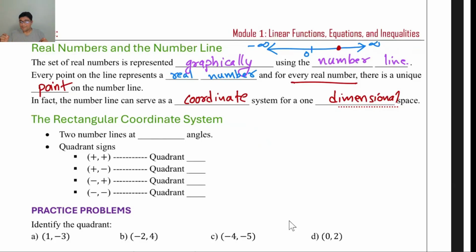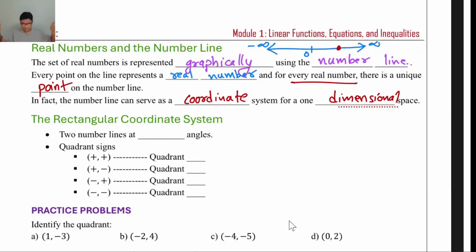Now, what is a 1 dimensional space? Let's say you are on the highway, a straight highway, or even if it is curved, until you take the exit, you are going to be driving on the highway, right? In that case, you can only drive in the forward direction.